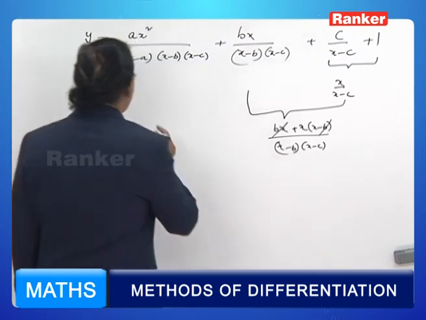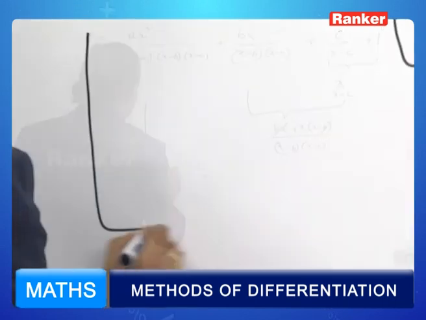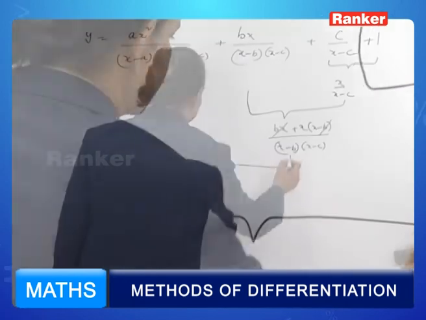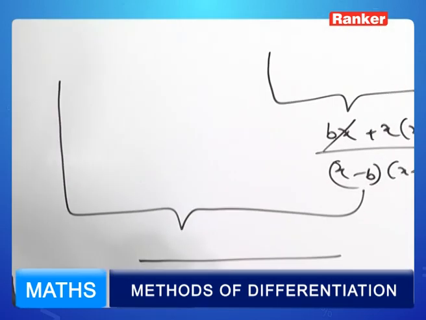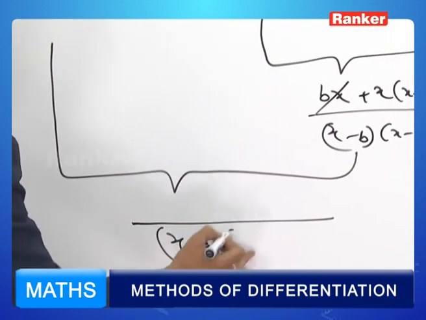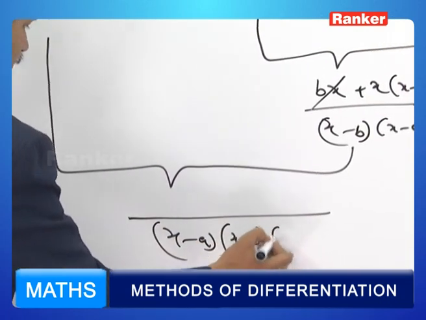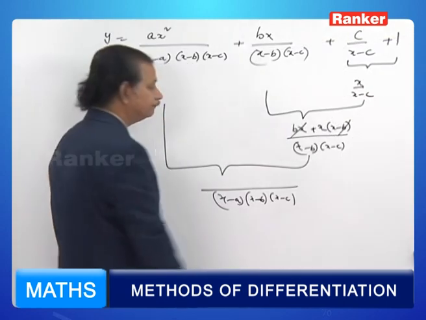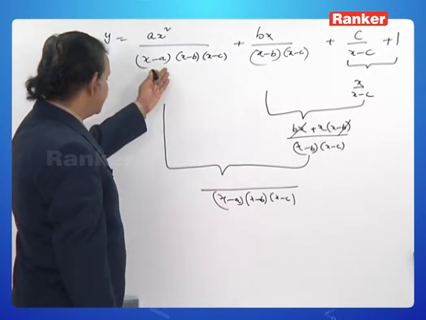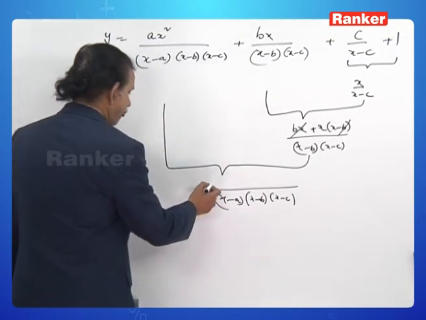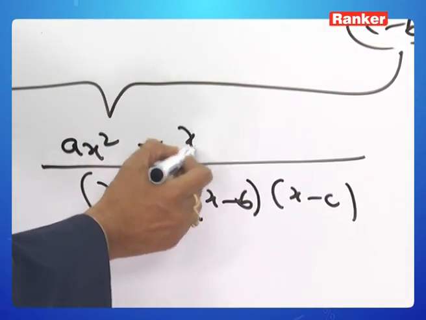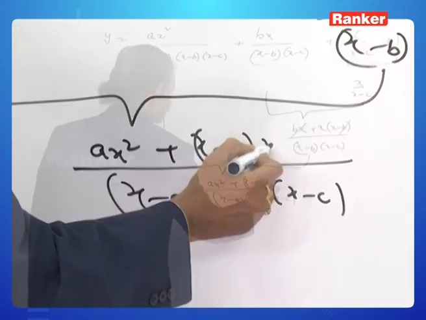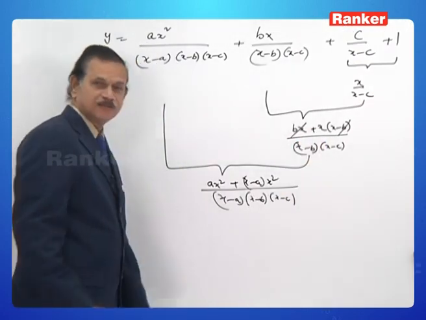Again, you add this and this. Imagine, what is the LCM? x minus a into x minus b into x minus c. Here, in the first one, it is ax square, and here it is plus x minus a into x square. x into x is x square, isn't it?